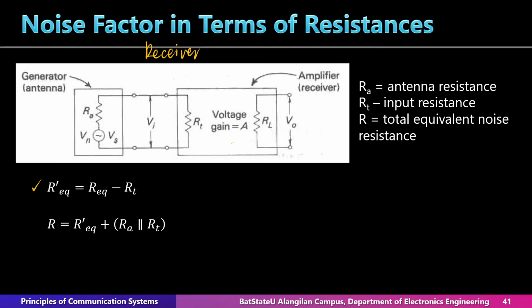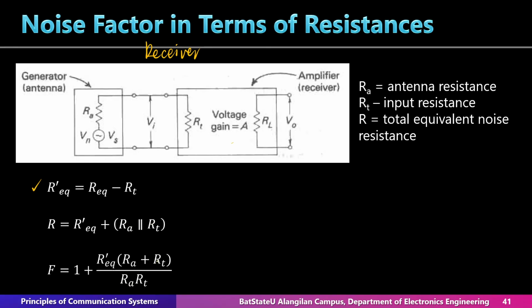Ngayon, ano naman pag nakuha mo yung R na yan? Makuha mo yung R na yan, pwede ka na makapag-compute ng noise factor. Ito po yung formula sa pag-compute ng noise factor: F is equal to 1 plus R equivalent times (RA plus RT) over (RA times RT). Actually, kapag kinuha mo yung resistances niyan, ang makukuha mo ay RA times RT over RA plus RT.